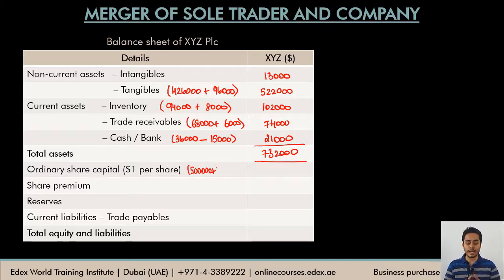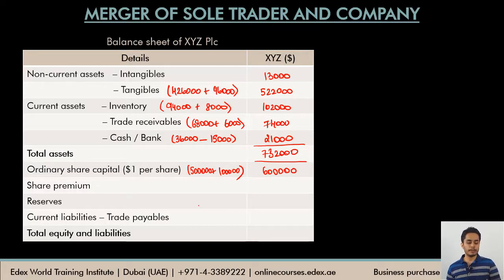Now, the question is, should I add 100,000 here, only the face value, or should I add the premium also, including the 5,000? The answer is you should only add the face value when you're recording the value of ordinary share capital. So the face value of the shares was 100,000. So 500,000 plus 100,000, total ordinary share capital after merger 600,000.